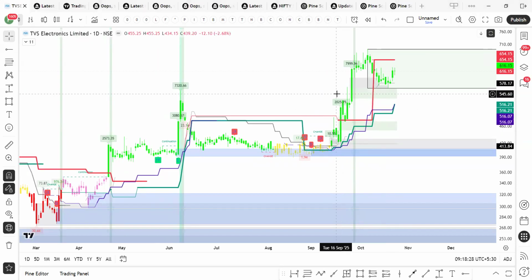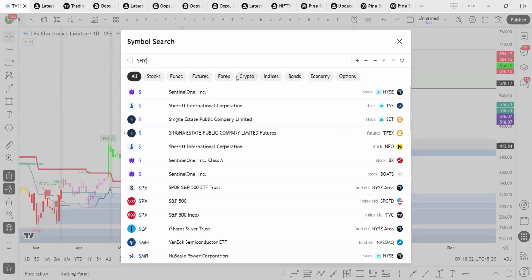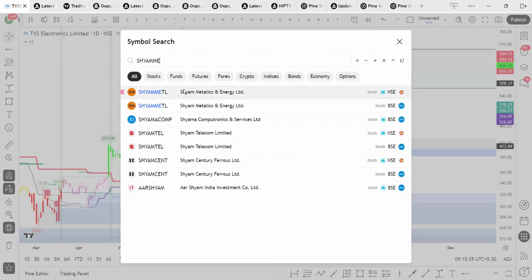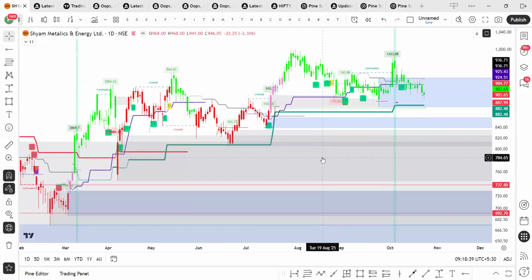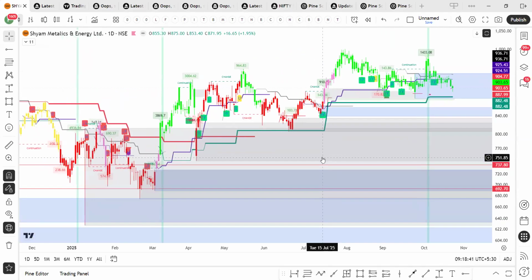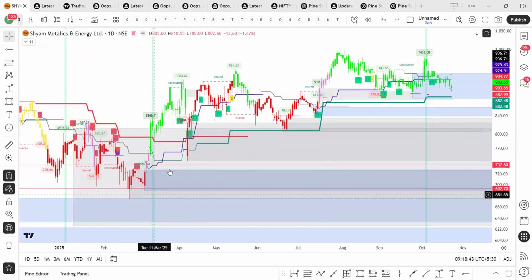So Sham Metallics and Energy, let's check. What do we see in Sham Metallics is down, up, down, up. PFI numbers are not very high. This is just 2. This is also just 2.